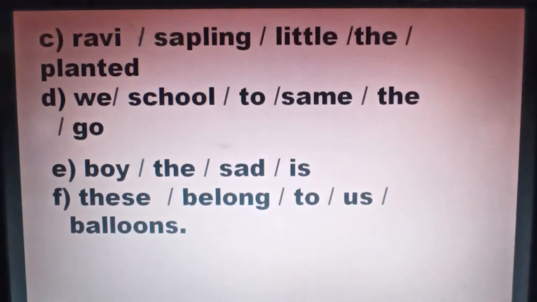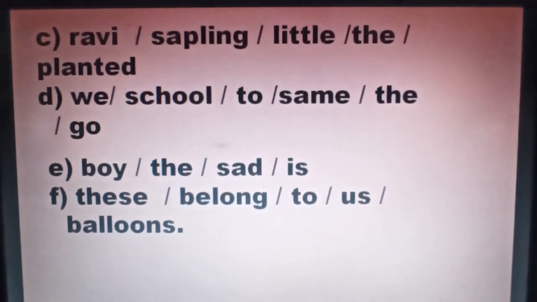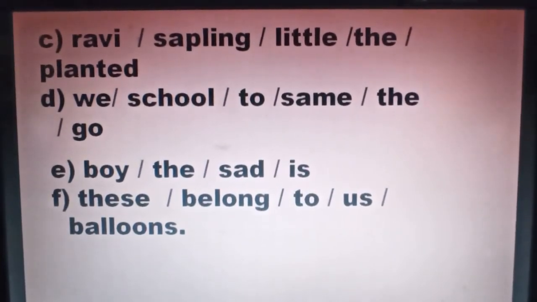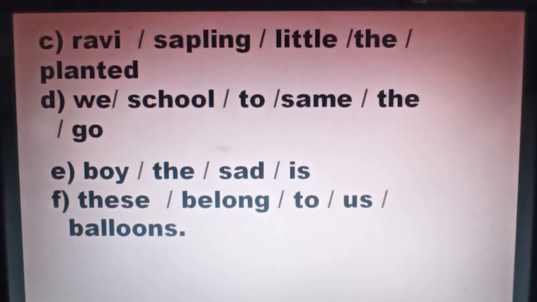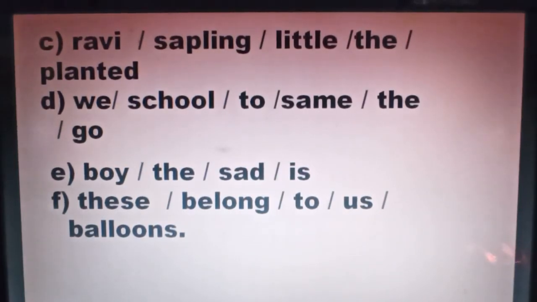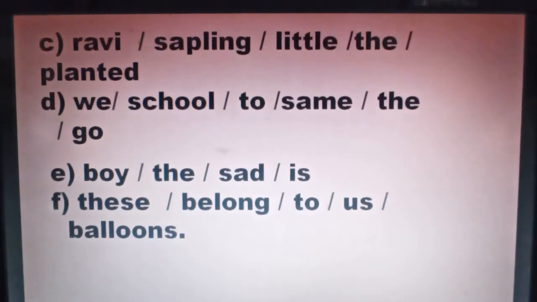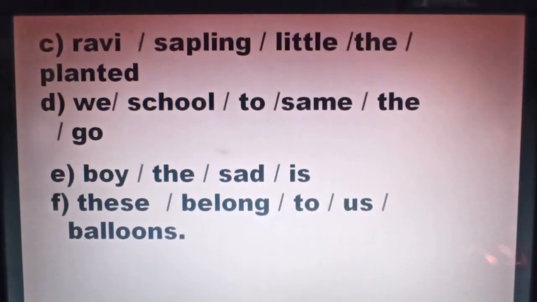D part. We school to the go. Again you have to frame a sentence for the same. E part. Boy the sad is. You have to take care to put punctuation marks also, and the first letter should be capital. These belongs to us. Balloons.